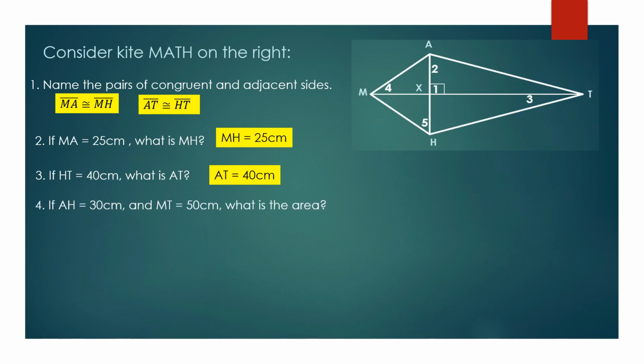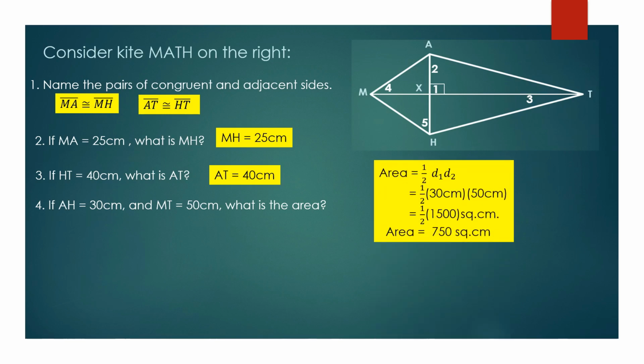Number 4. If AH equals 30 centimeters and MT equals 50 centimeters, what is the area? How do we solve for the area of the kite? The formula is area equals 1/2 of d sub 1 times d sub 2. So substitute the given to the formula.